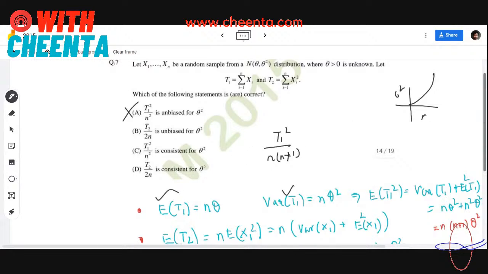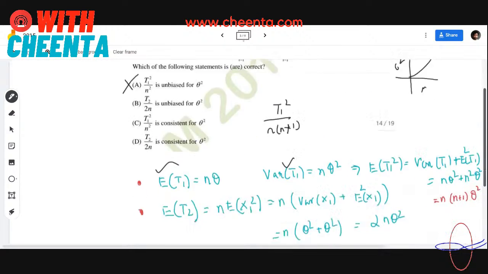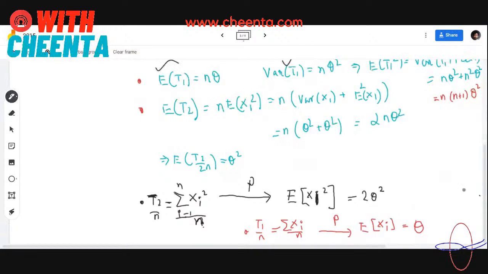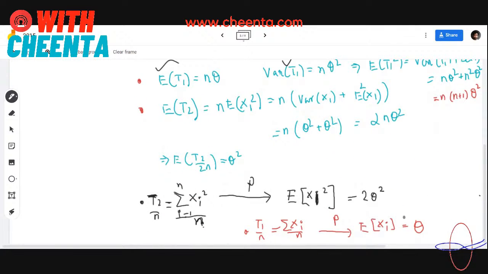But is it consistent? Let's check. T1 by n is summation xi by n, which by WLLN, the weak law of large numbers, converges in probability to the expectation of xi, which is equal to theta.